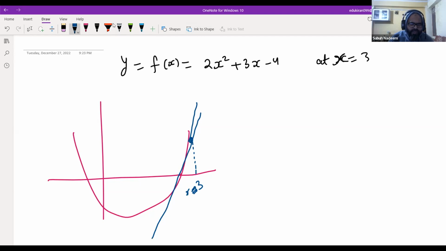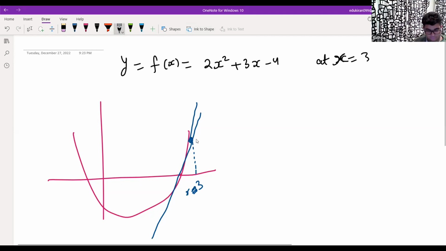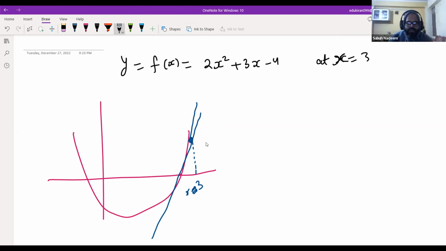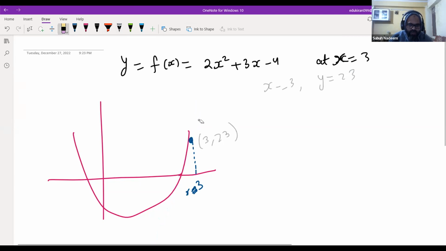Roughly you are understanding it now. So this point is 3 comma 23. When you put x as 3, you get y as 23. So this is the point of contact of the tangent.